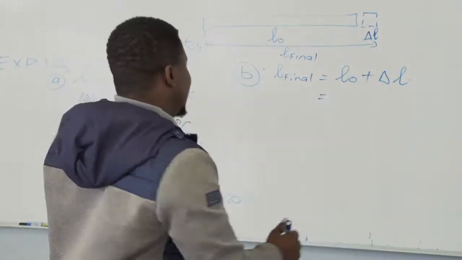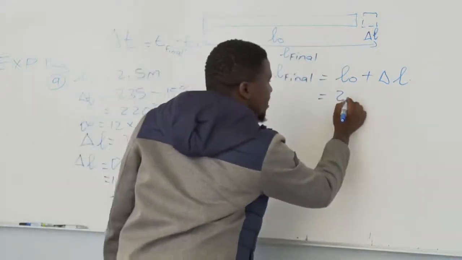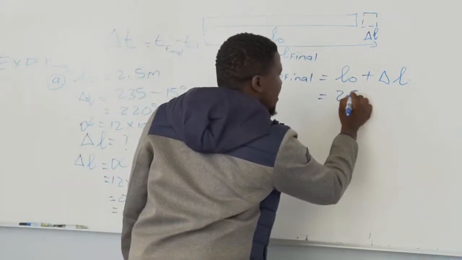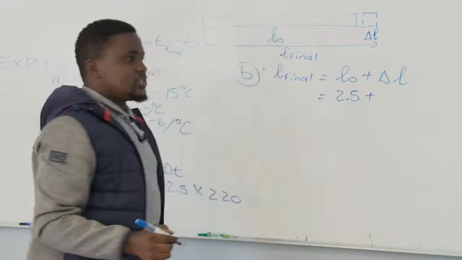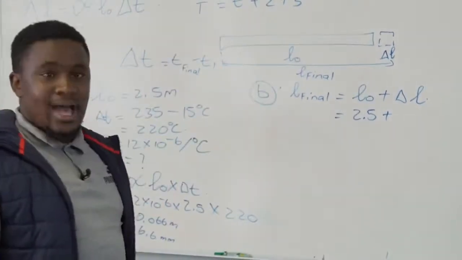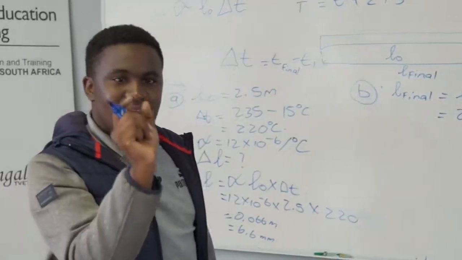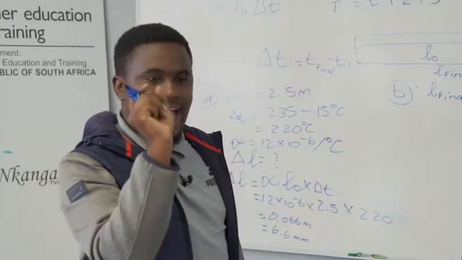Our L initial, in the statement, we were given to be 2.5, plus the small millimeters in which our steel rod is expanding. The small millimeters is our change in length, our delta L.